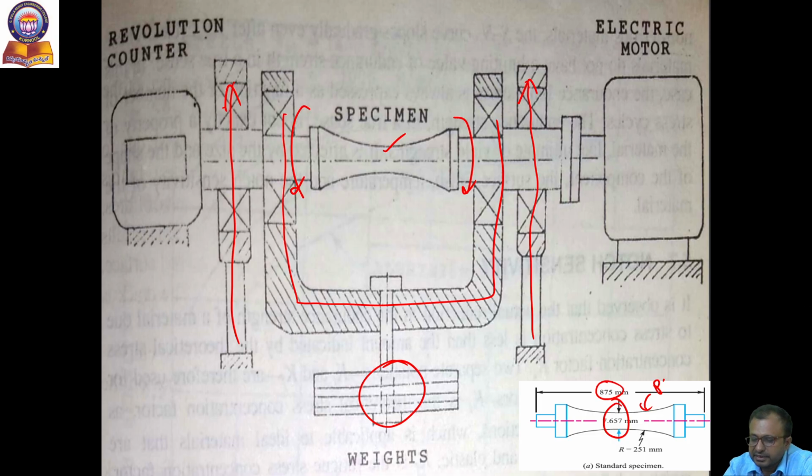Now, here we have the electric motor. By using this electric motor, we give the rotation to the specimen, and we observe after how many revolutions the fatigue crack appears on this specimen. That number of revolutions is displayed on the revolution counter.